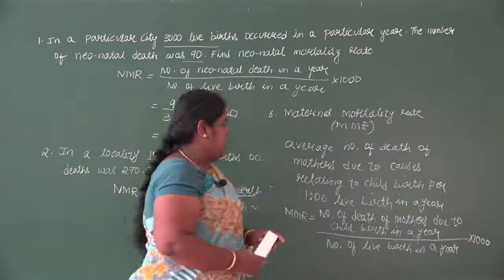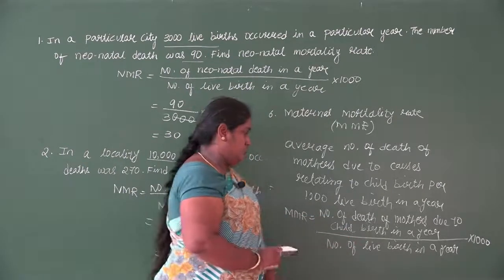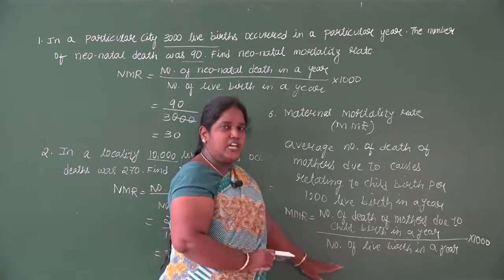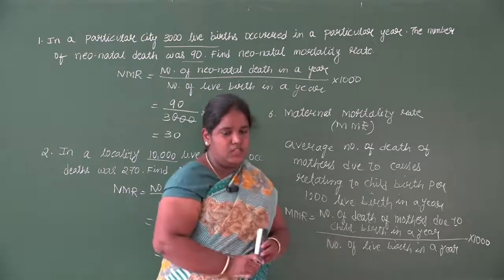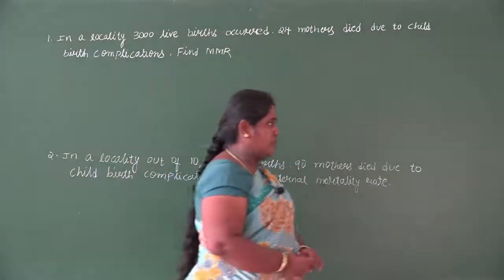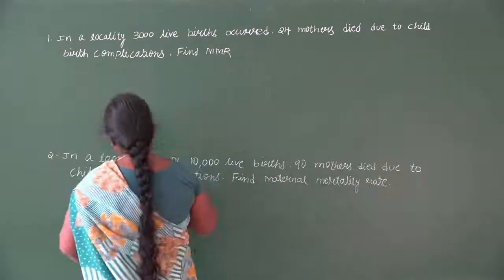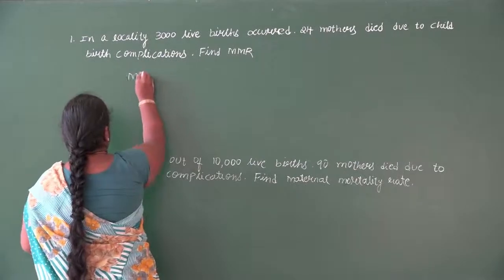So MMR is number of deaths of mothers due to childbirth in a year divided by number of live births in a year into 1000. Now we are doing the problems regarding the maternal mortality rate, in which we need the number of deaths of mothers due to childbirth complications and the live births.